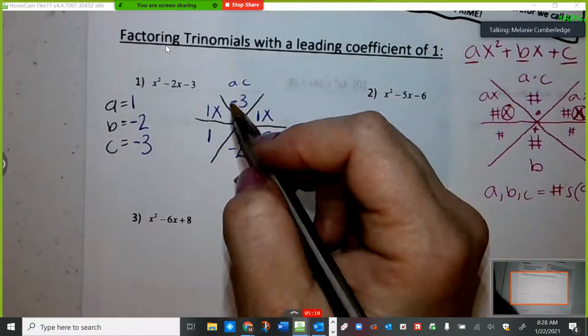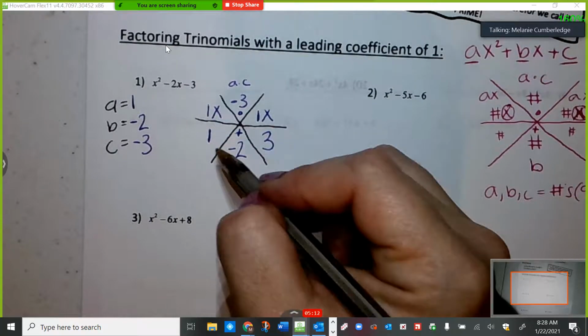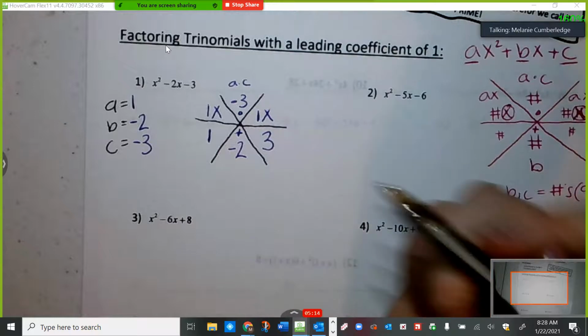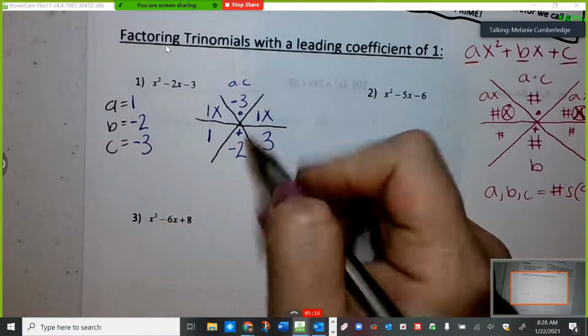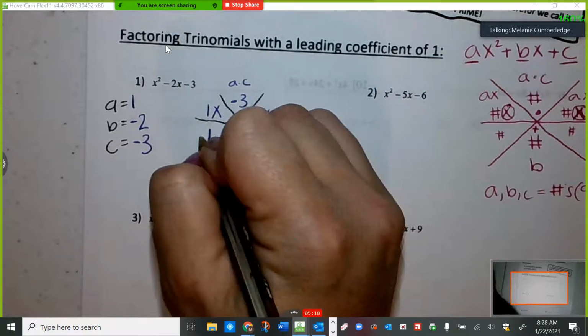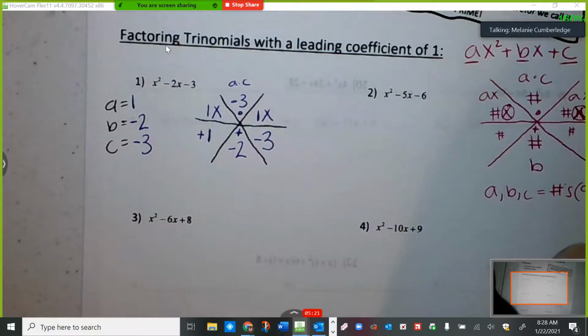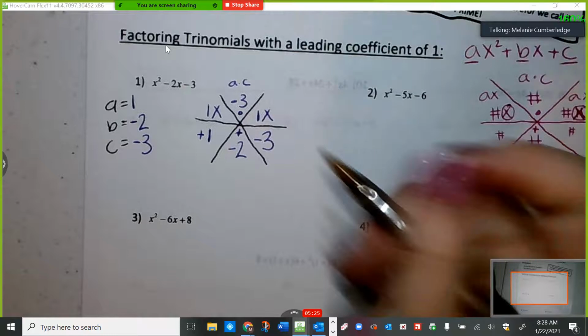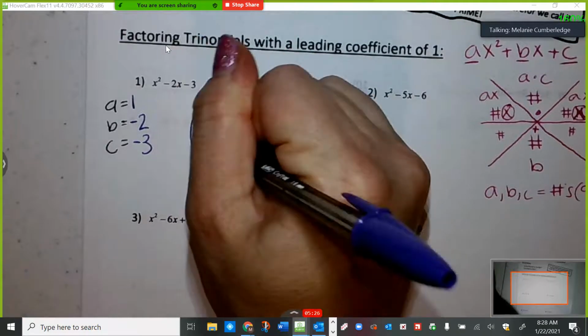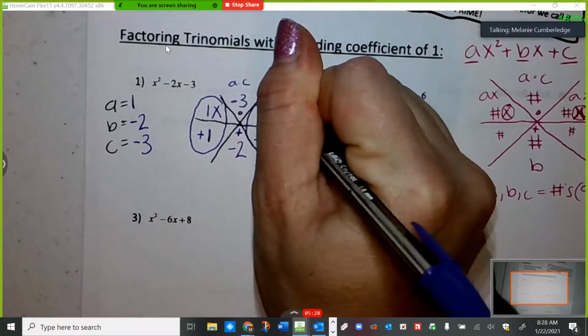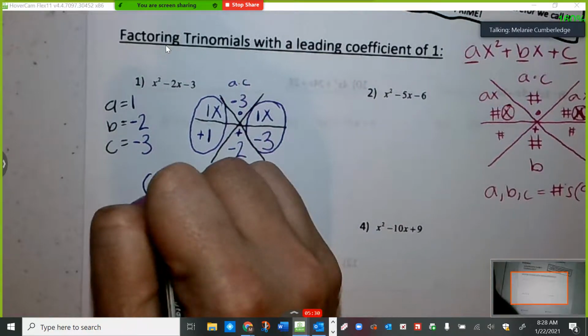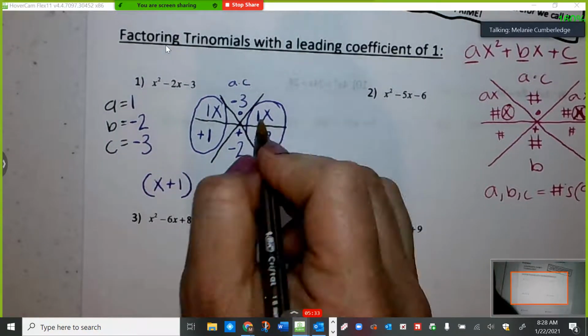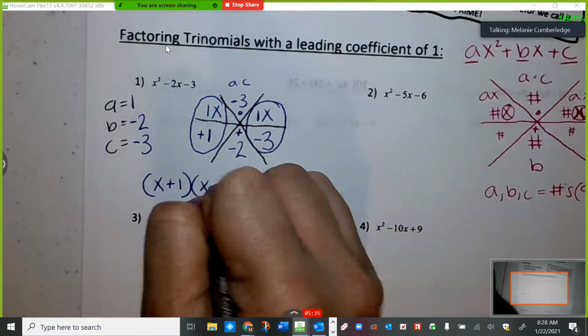But it's negative, which means one of these has to be negative and one has to be positive. Since it has to add to -2, my bigger number needs to be negative and my smaller number is going to be positive. Now, I'm done because A is 1 and there's no way to simplify, which we'll talk about on the back. My factors are x plus 1, x minus 3.